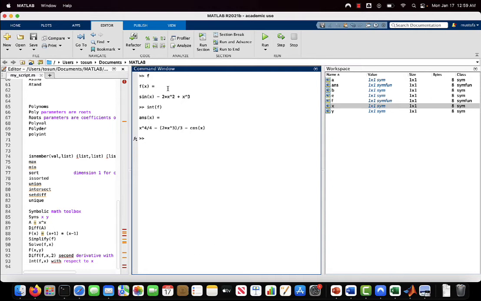And as you see in here, the integration of sine x is minus cosine x. The integration of minus 2x squared is minus 2x cubed over 3.